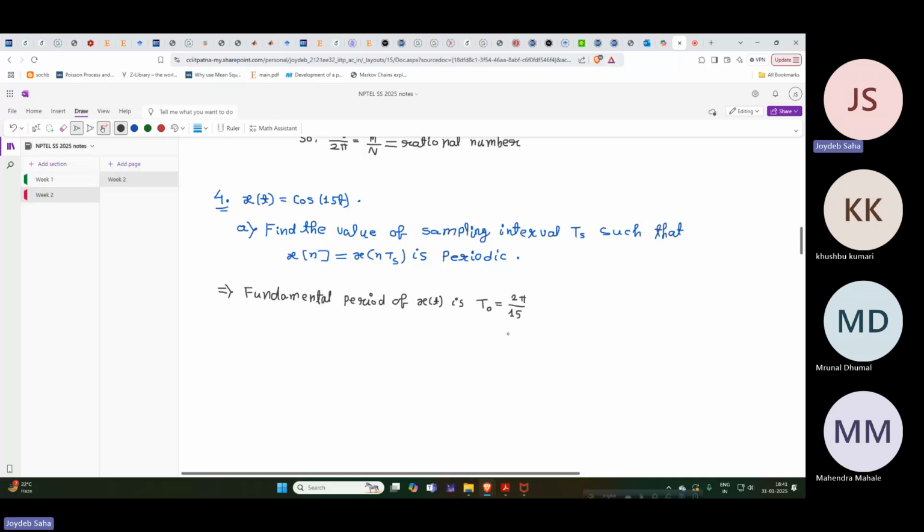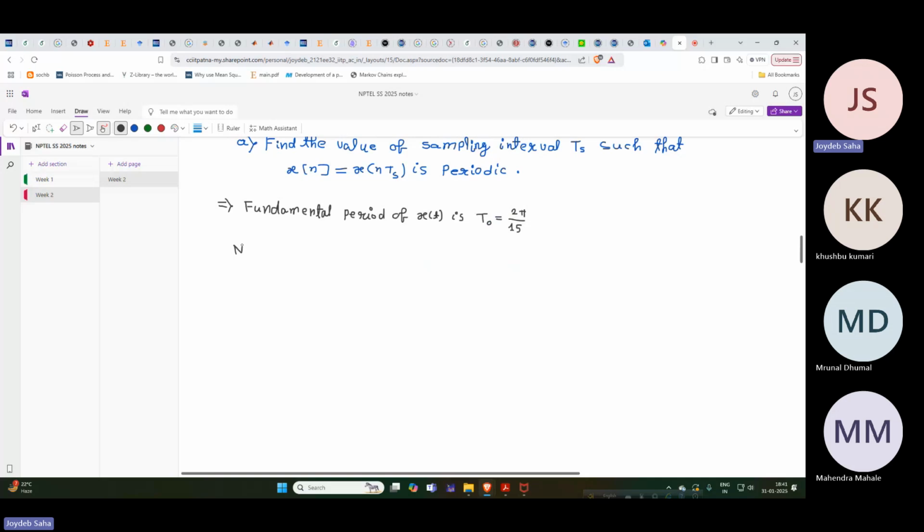Now x(n) is periodic if Ts upon T0 is equal to m by N0, where m and N0 are positive integers.